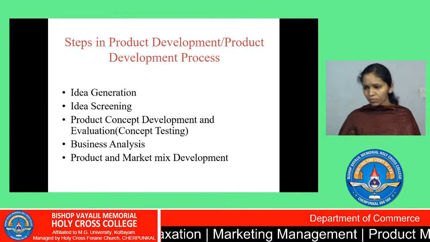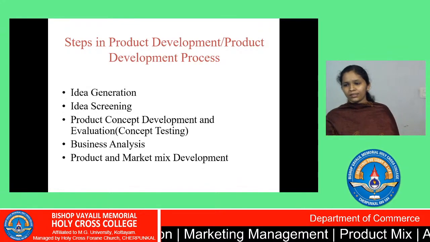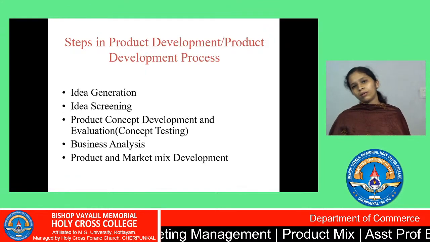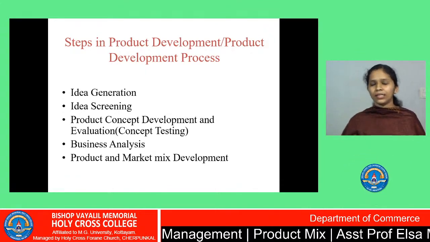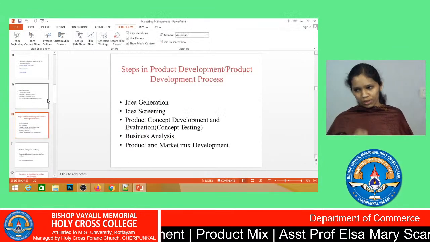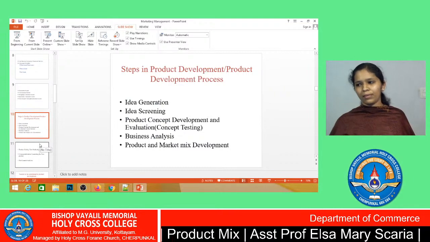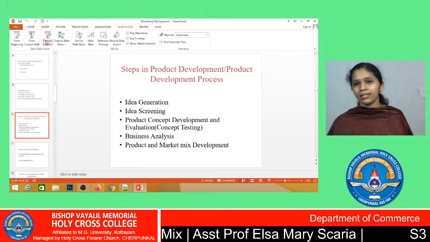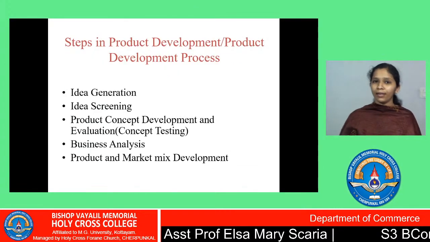So basically, the first one is idea generation. Behind any activity there should be an idea. So in the product development process also, the first step is idea generation. The product should be an innovative one.